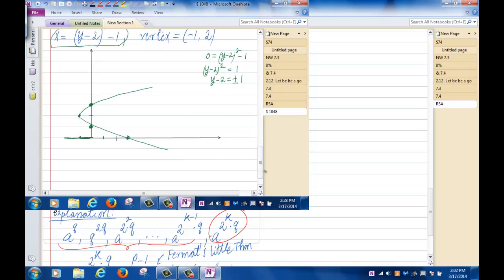So now we know that the path of the moving object, the curve, is given by this parabola, right? But the question is, do we get the entire curve? That's one question. Remember, all I knew was that the curve is part of the parabola. It's some part of the parabola.